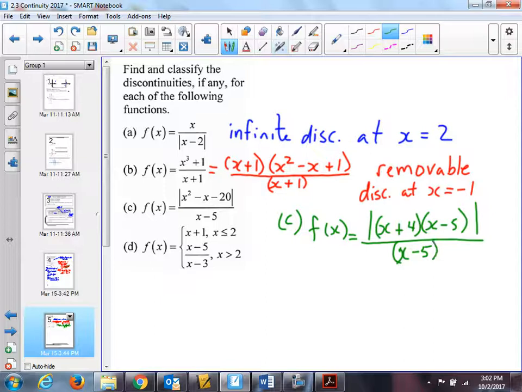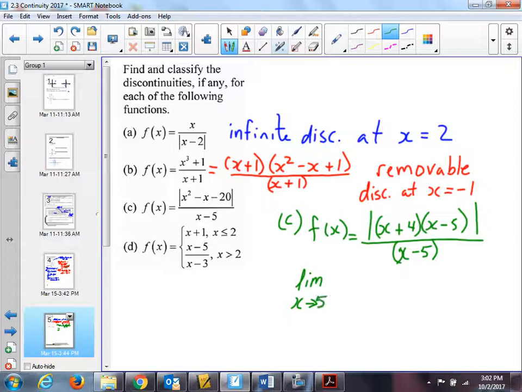Because I'm just loosely doing this stuff, I'm not using limit notation, but I'm going to have to think this way. So here's what I'm going to do for my next step: write in the limit notation. We're approaching 5, from the left or from the right. So I'm going to go limit of x approaching 5, because we know that's the trouble spot.